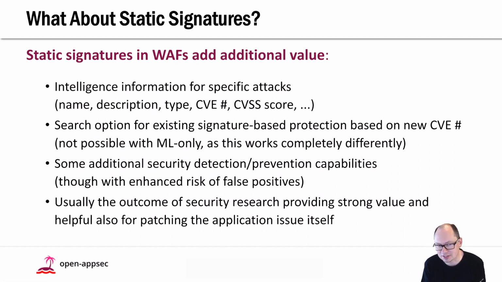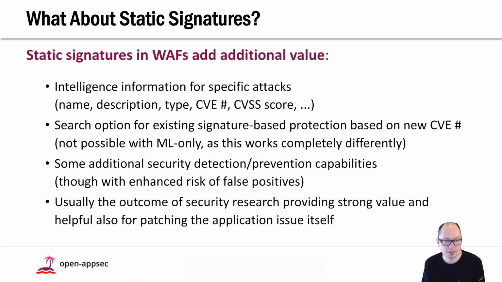And then there's, of course, some additional security detection or prevention capabilities. So there's still a chance that you have a signature that detects something that's not covered by the machine learning. Or also there's cases where maybe you get notified about new attacks, and someone gives you intelligence on how they work and suggests a signature that you want to have in your system.